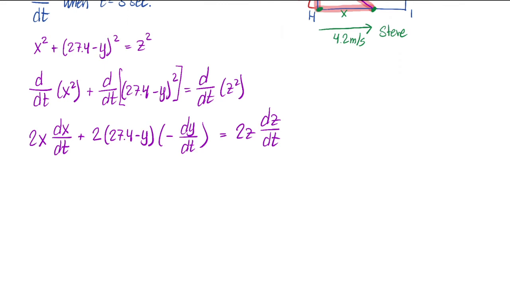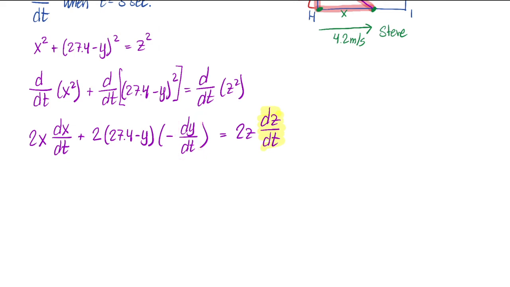So now we've differentiated the expression. What we're going to be looking to determine is dz dt. We know the rate at which Steve is running, dx dt. We know the rate at which Mary is running, dy dt.